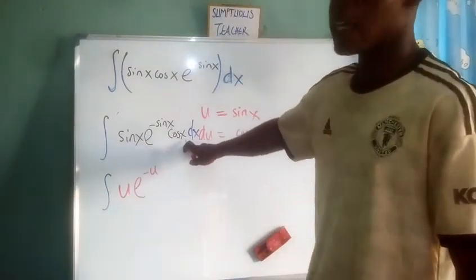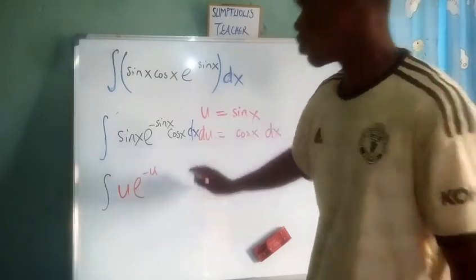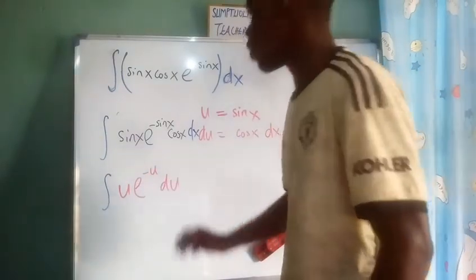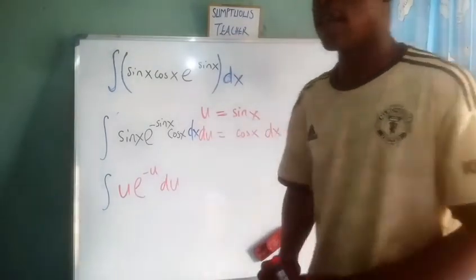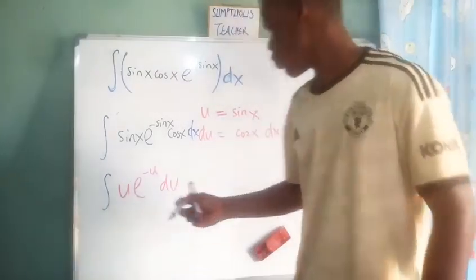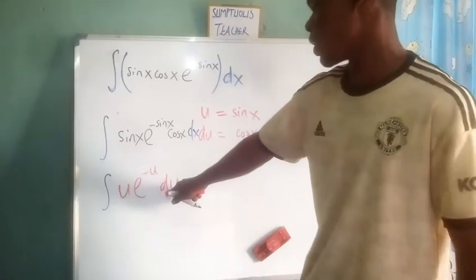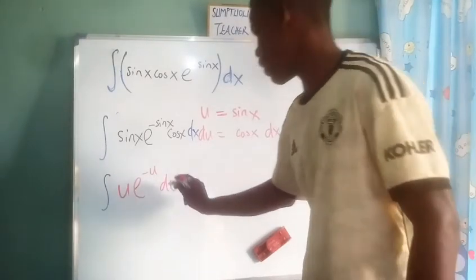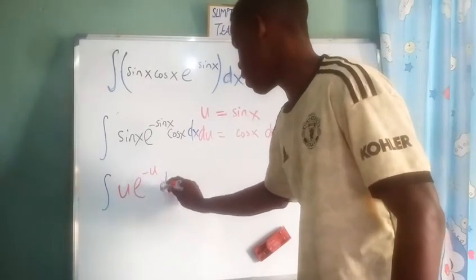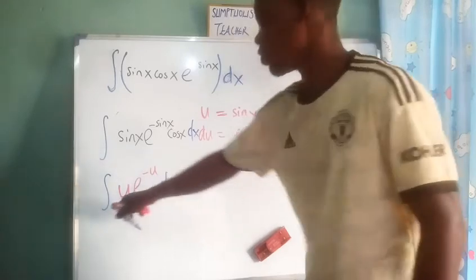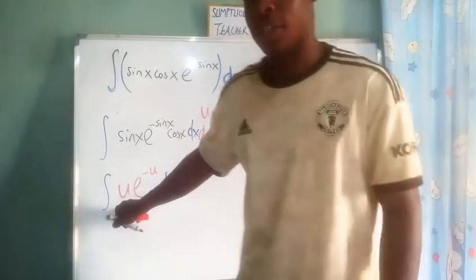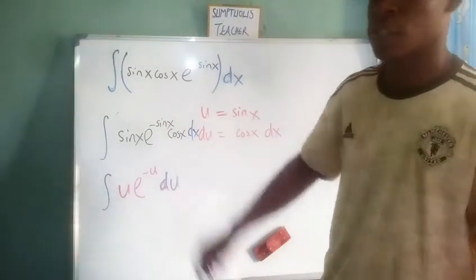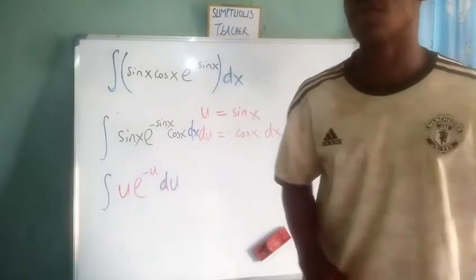Now cosine of x dx is du. So we've properly substituted u for the functions of x. Great. So next, since I'm just having the u, I can change that to blue ink to rhyme with our integral sign. So we go ahead and integrate this u times e to the negative u with respect to u.